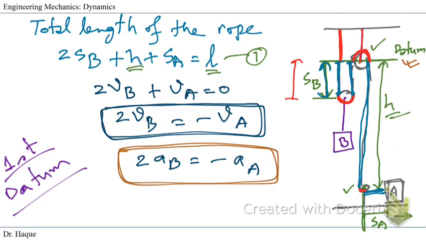And for the first datum, the case is also the same. When SA increases, B goes upward, so SB from the top, if it is in this position, will be lower. So SB is also in the negative direction, and that's why they have opposite signs.